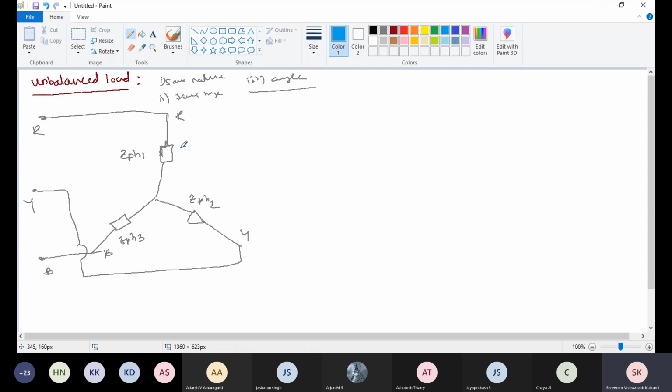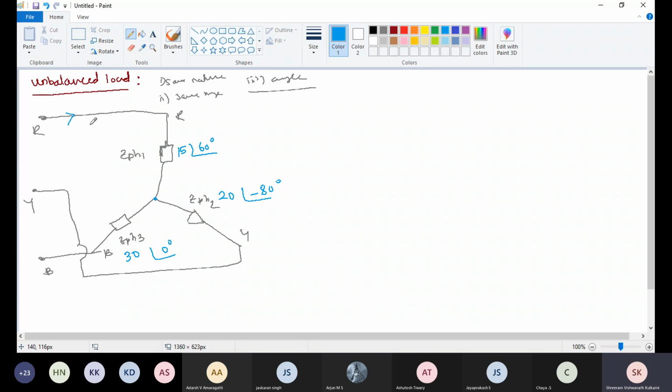Correct? I mean to call it as unbalanced, this one as 20, this one as other ohms. Then the angle they displace from each other. This one is 60°, then this one is minus 80°, this one is 0°. So now I can call this one as unbalanced load.